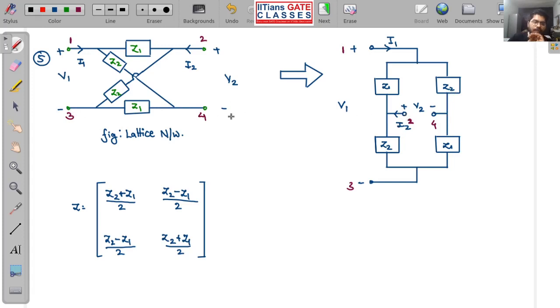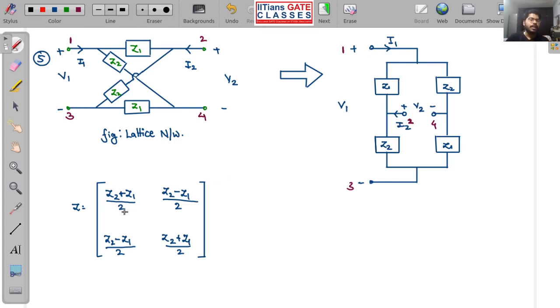Always remember, this is a very brief video, so I cannot derive each and every parameter. If you have the Z parameter for a lattice network and they ask, you can derive it. You just need to write the KCL and KVL equations at this position and you will get the results. No issues, a very simple thing.